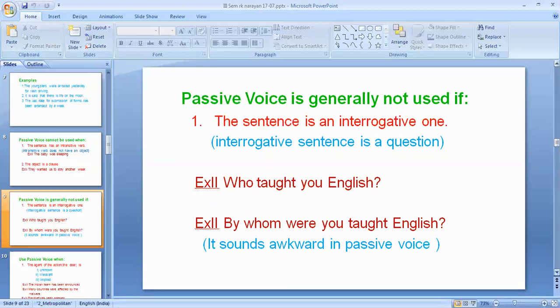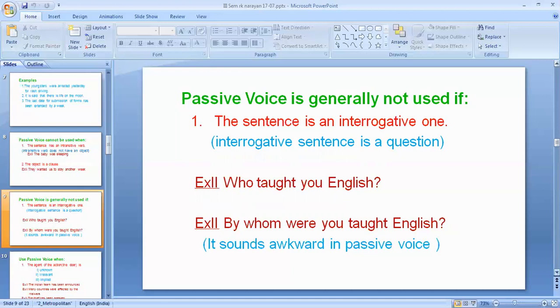Passive voice is generally not used if the sentence is an interrogative. If the given sentence is an interrogative sentence, we generally cannot use passive voice. Of course, if we want to convert it into passive voice, we can do it. But generally, we do not use such sentences in passive voice.